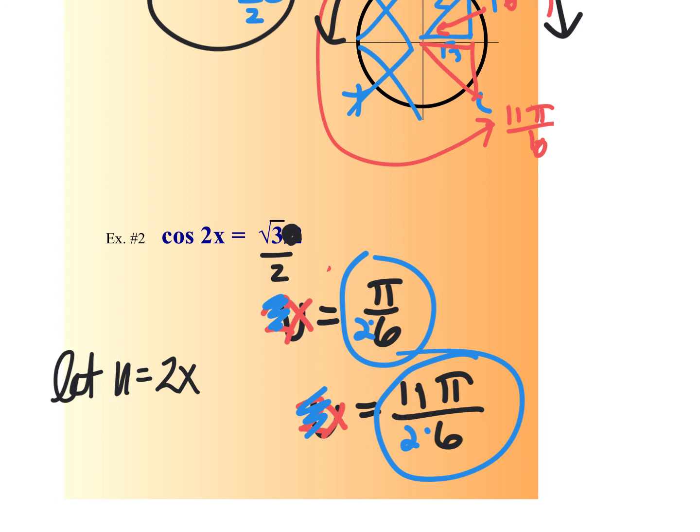So what do you do? You act like this is a normal theta. And at the end, you swap it out for what it actually was, which was a 2x. And you put that in here and here, and then you solve. Let's see if you really caught that. Sine of 2 theta is equal to 1/2.